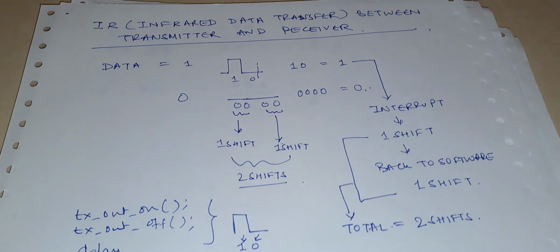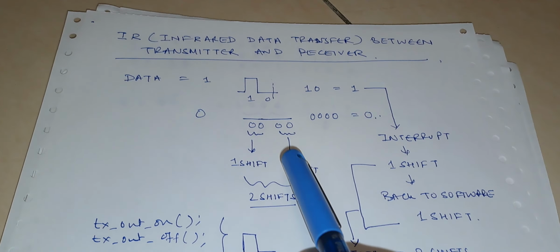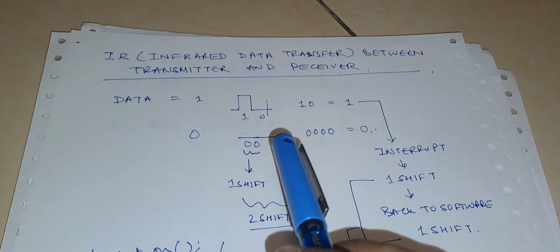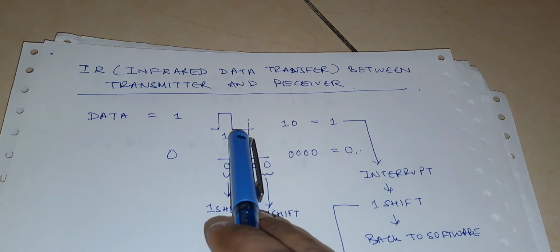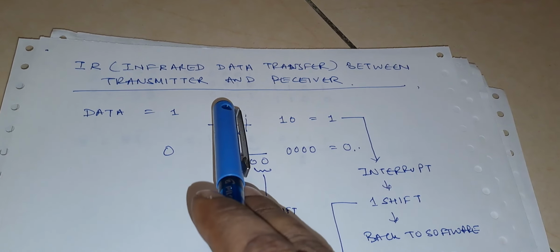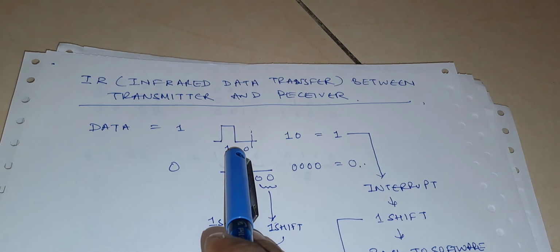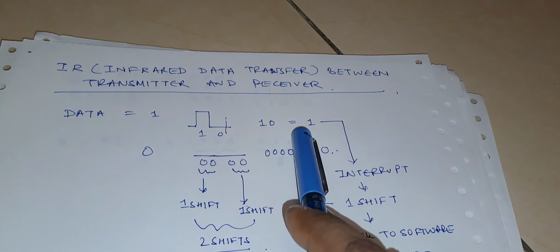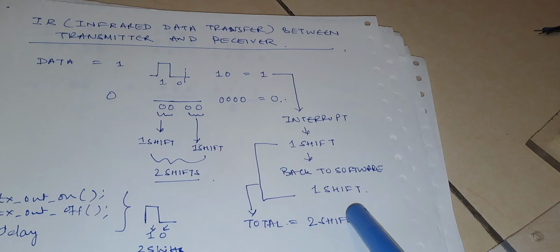So this is how the software is designed, and this is how the protocol behaves. Again, since a 1 is received, meaning the transmitter LED has glowed and the receiver has received it, the interrupt will make a shift and the software will make a shift.